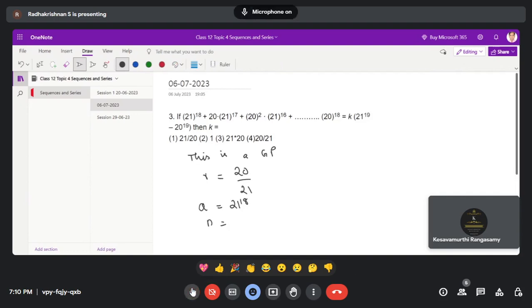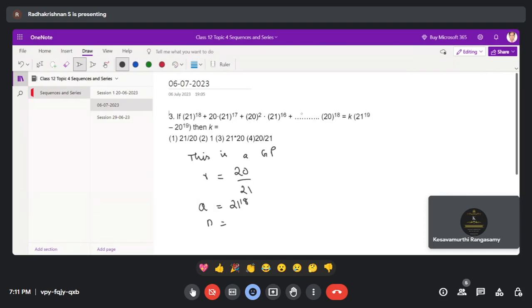A plus n minus 1 into D is the nth term, and that is for an arithmetic progression. Here it starts with 21 to the power of 18 and goes on up to 21 to the power of 0.